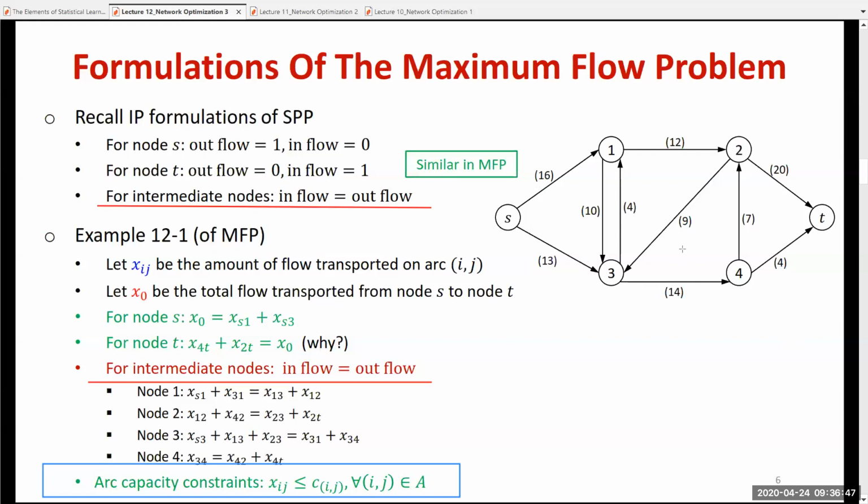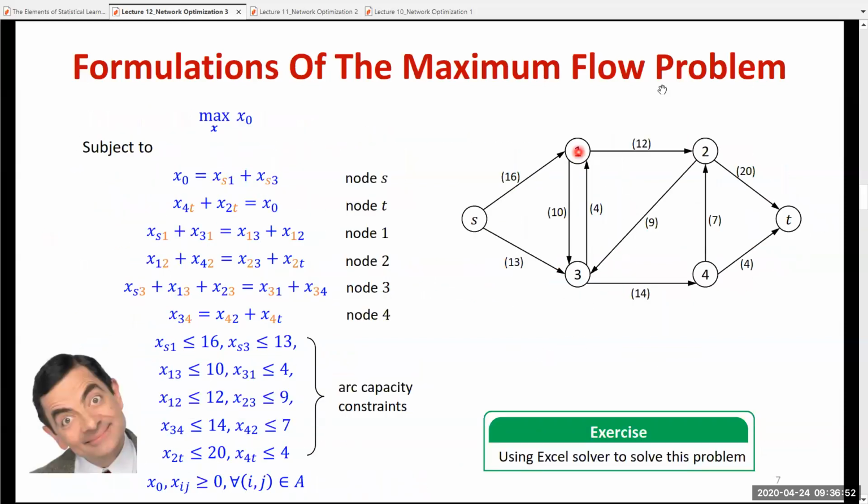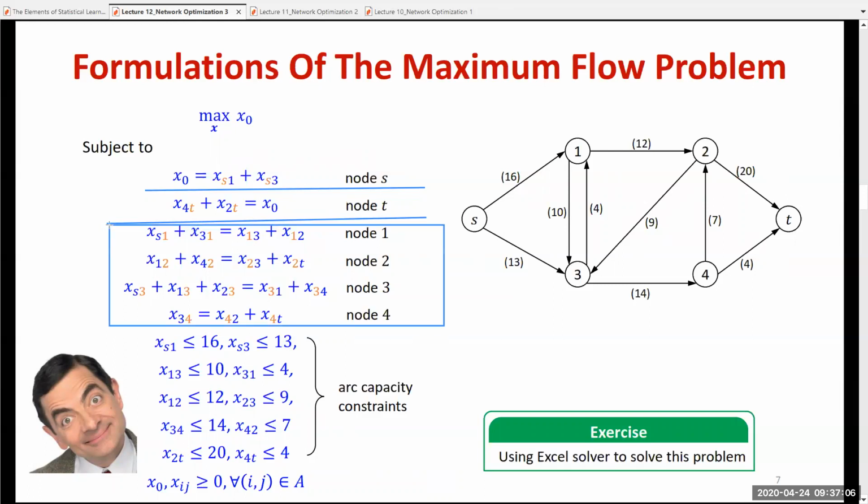And now let's have a look at the complete model for this specific graph. As we just mentioned, first of all, this is for node S, for node T, and here they are for the intermediate nodes that we just mentioned, and these are the arc capacities, where you list all the arcs xs1, xs3, x13, x31, x12, x23, x34, x42, x2t, x4t, and list all these capacities.